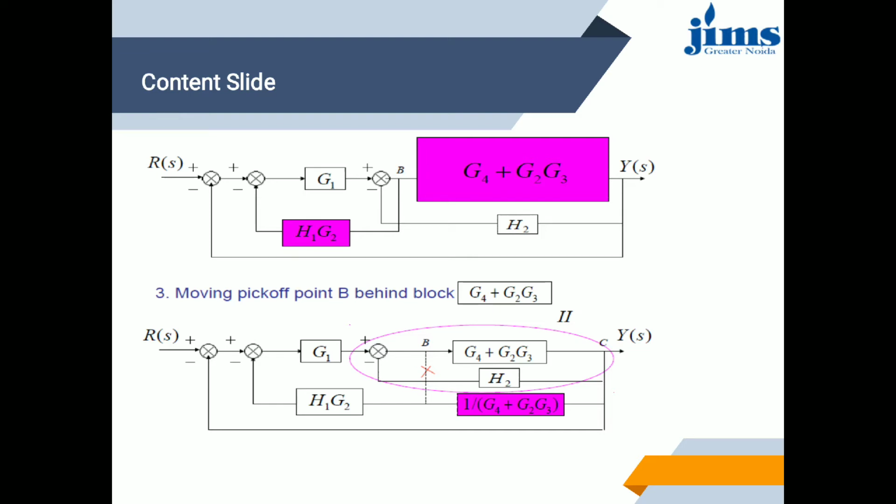So we will shift the point B: we'll move the takeoff point behind the block G4 plus G2 into G3, in order to have this closed loop. We'll move this takeoff point B behind the block, somewhere here.